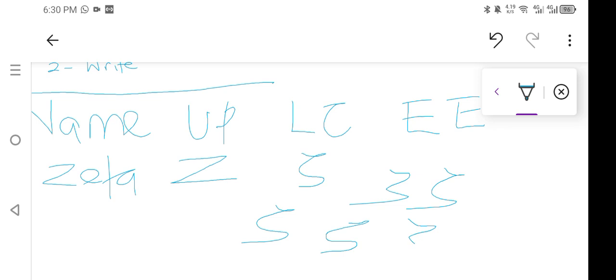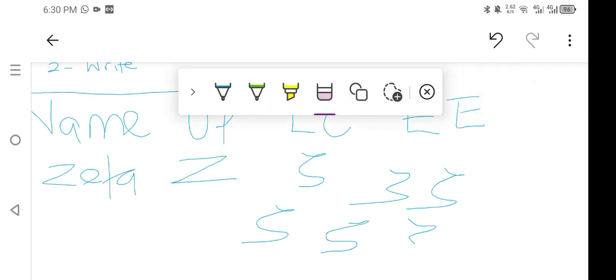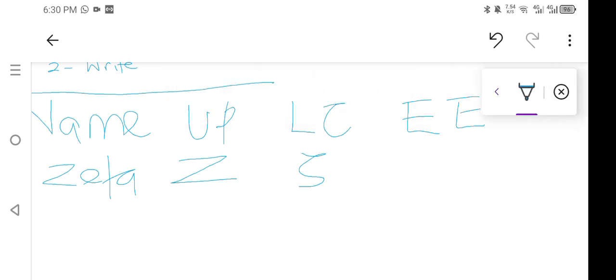We need to take some time and practice this letter a little more. You do that part, then the curve, and the lower part is not the same size.